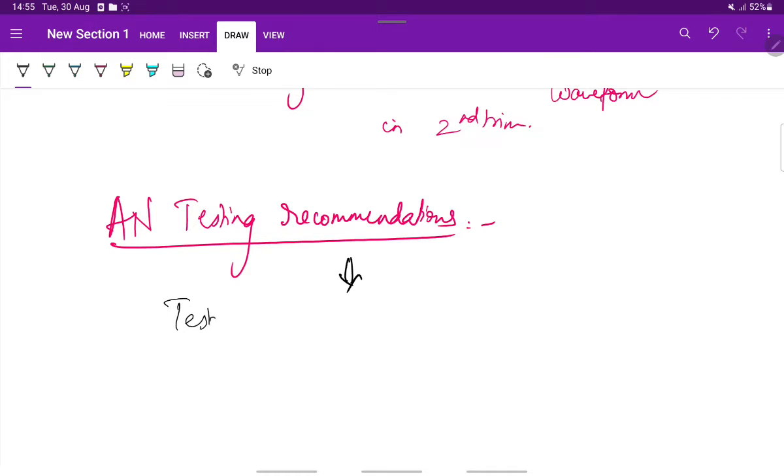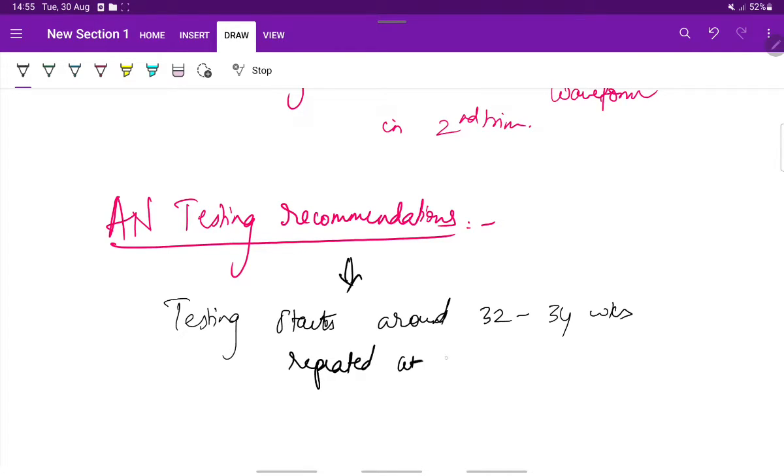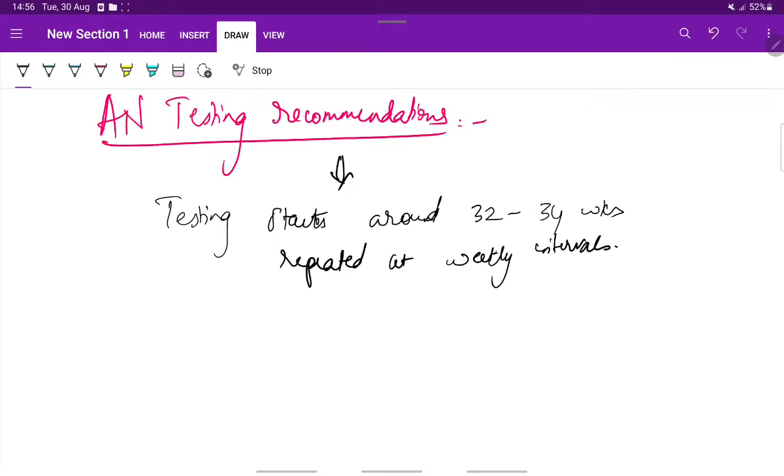So, the antenatal testing usually starts around 32 to 34 weeks and it is repeated at weekly intervals. But in case of any complicated pregnancies, the test should be performed very frequently.